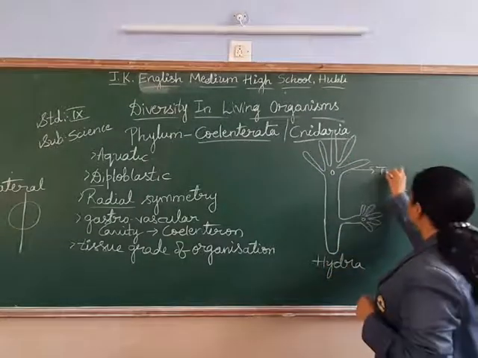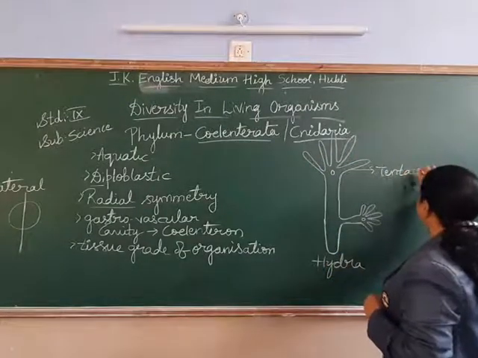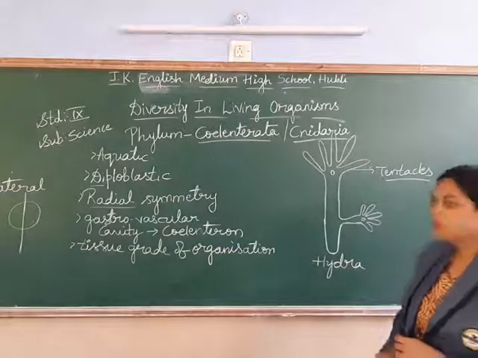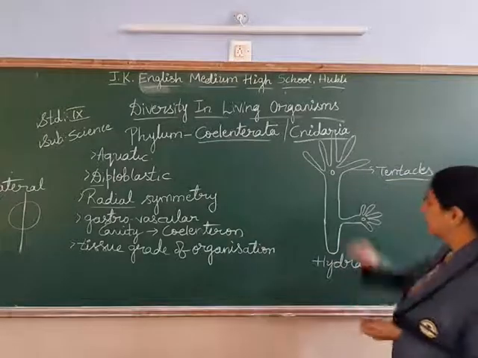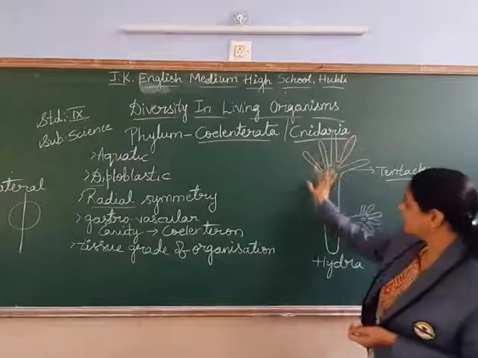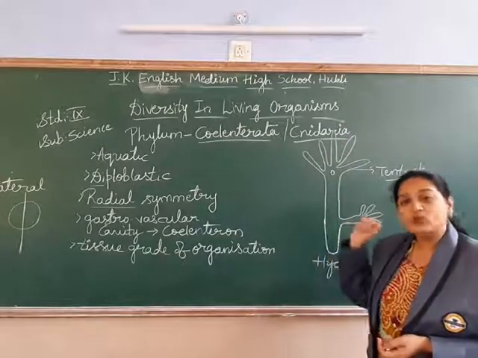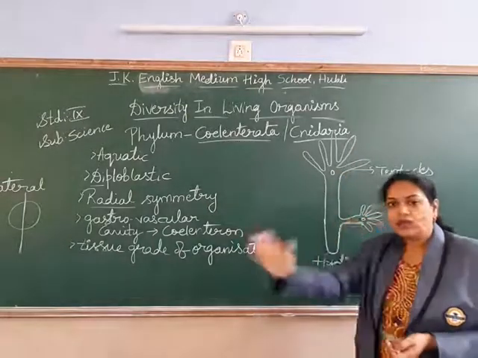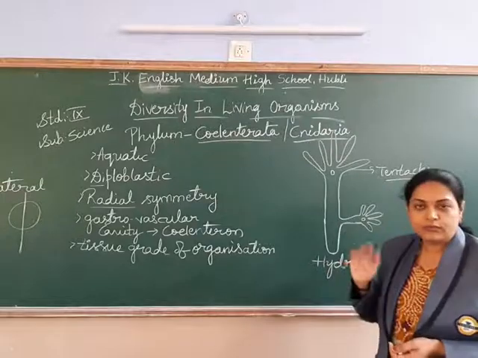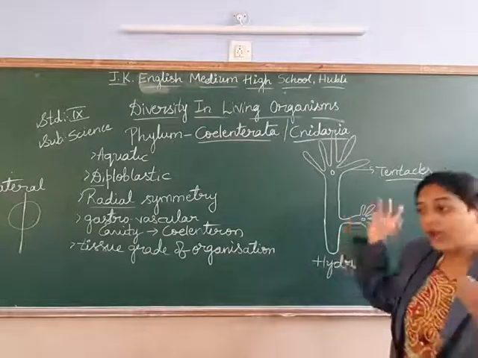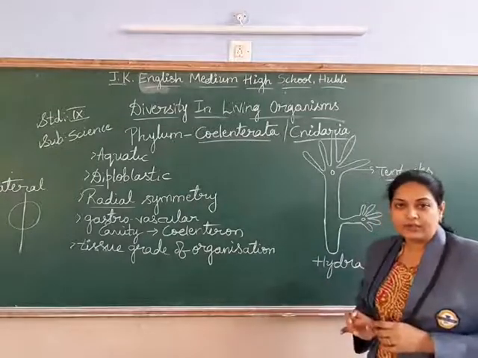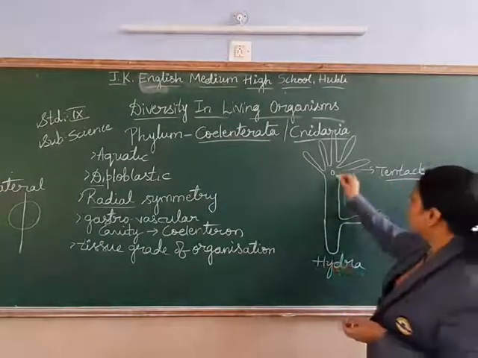These structures are called tentacles. With the help of tentacles, they can move, and along with the water current, they can move. That's all. They don't have particular hands, legs or a nervous system for movement. Keep it in mind. And it has a mouth.